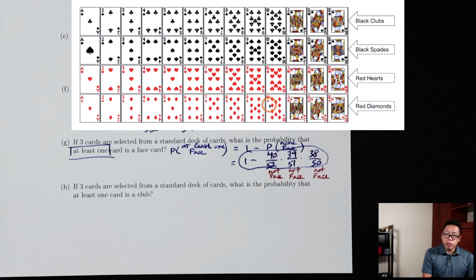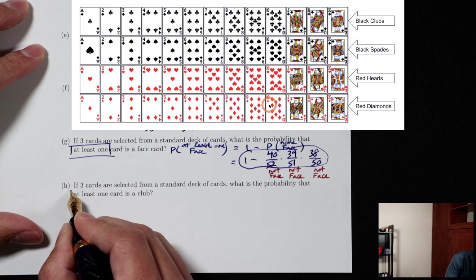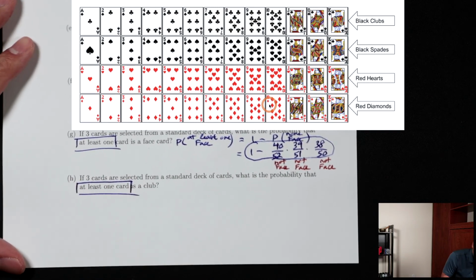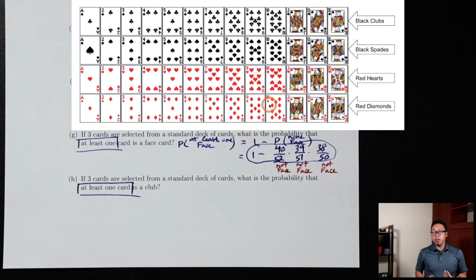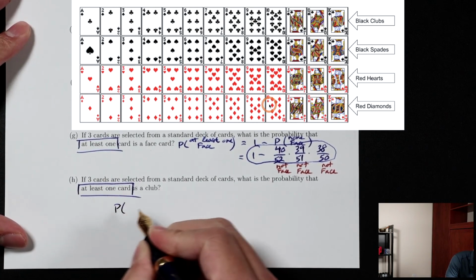Part H, if 3 cards are selected from a standard deck of cards, what's the probability that at least one card is a club? Keyword, at least one. Anytime I'm looking for at least one, I know my final answer will be 1 minus something. I'm looking for at least one club.